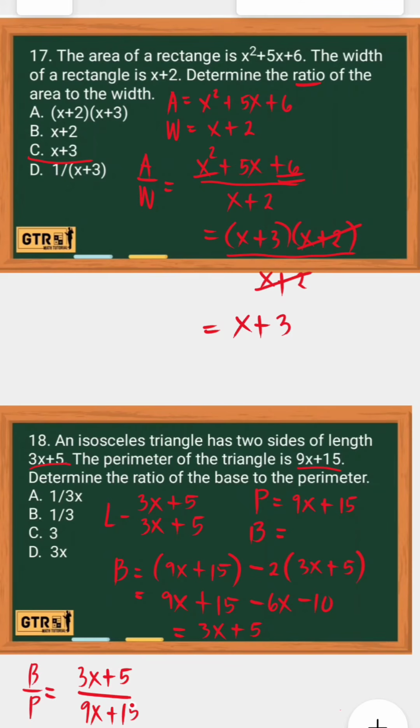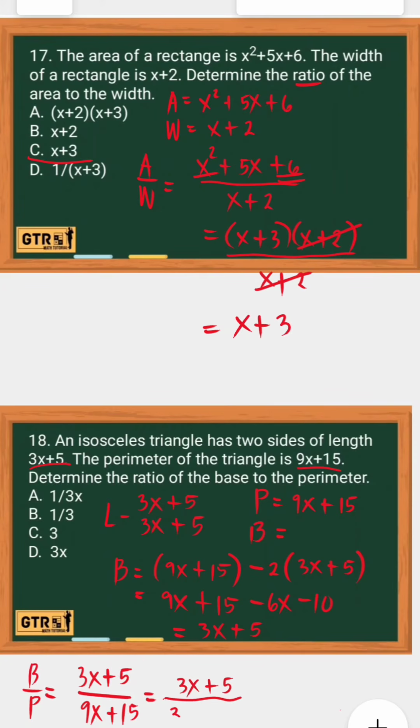By factoring, we can factor the denominator 9x plus 15. 9 and 15 are both divisible by 3, so we can factor out the 3. Just copy the numerator, 3x plus 5.